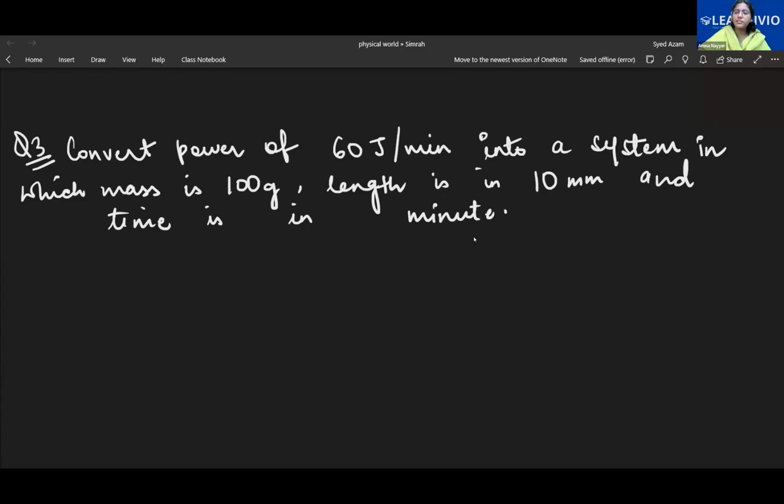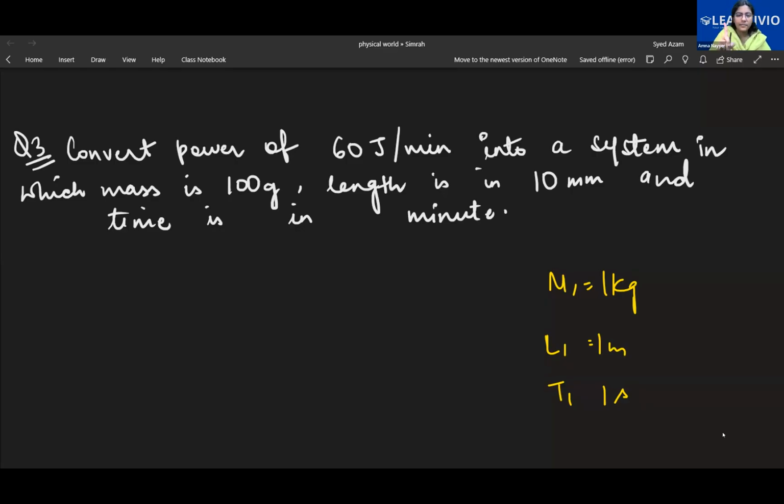Means the first system we know. Let me write the first system because it is given in joules. So first mass will be 1 kg, length will be 1 meter, and time will be 1 second. But for the second one, usually it says convert it into its CGS unit, where you write this in grams and centimeters.